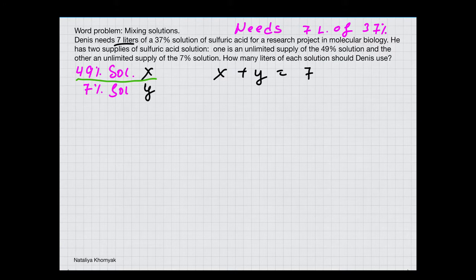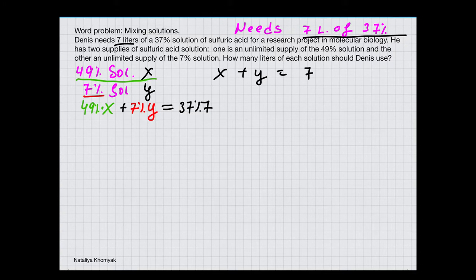So I'm going to have x amount of 49% solution, and I will simplify it in a second. And I'm going to add to it y amount of 7% solution, and I want this to equal 7 liters of 37% solution.